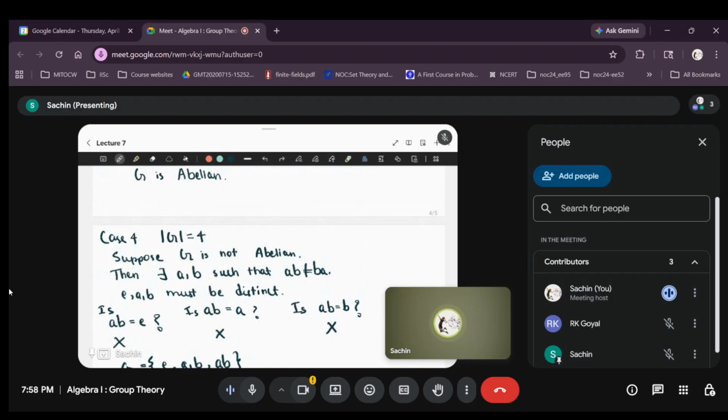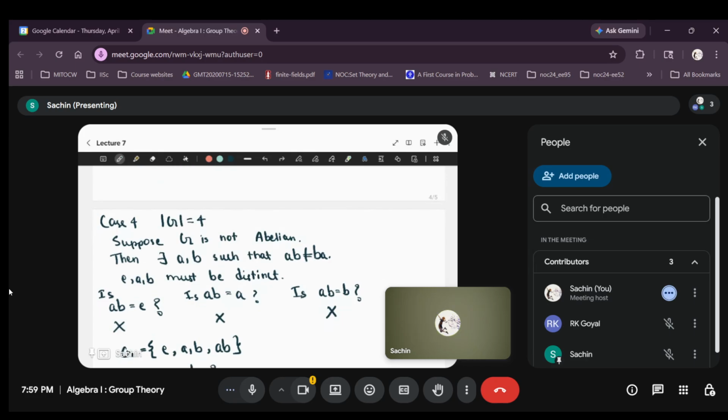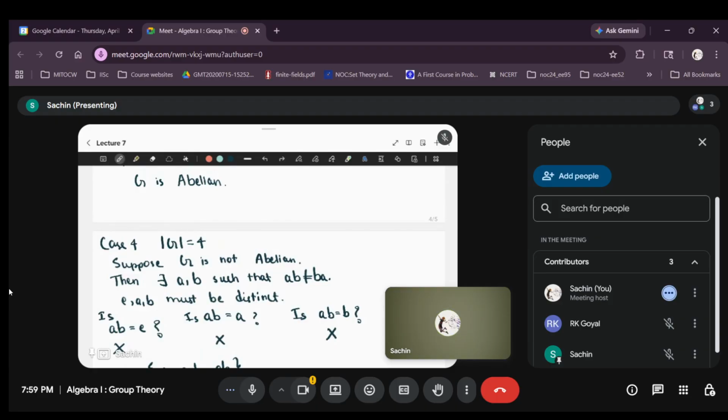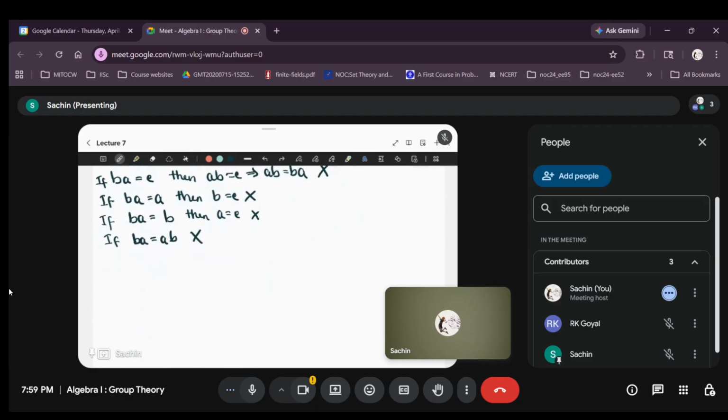If the size of the group is only four, one of the things in our assumption must be false. Either the group was not of size four, that is also possible, or the group is abelian. It's one of the two. But I'm looking at only groups of size 4. So the only possibility is that the assumption that G is not abelian is false. So G is abelian. Is that clear?